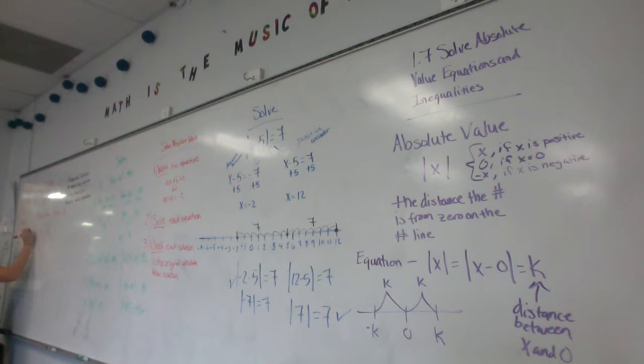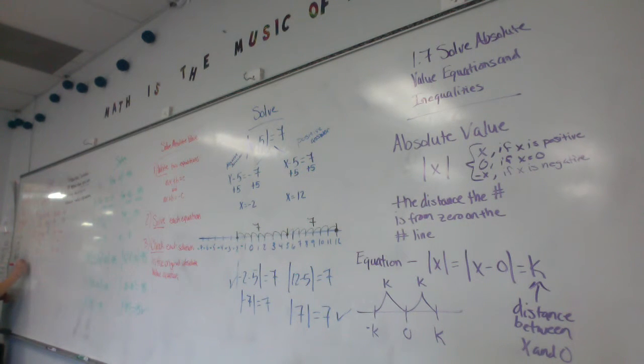Step 2, solve. So I'm going to subtract 2x from both sides so that I get 12 equals 2x, divide by 2, and x equals 6. I am going to subtract 2x from both sides and get 12 equals negative 6x, divide by negative 6, and x equals negative 2. Does that make sense so far?